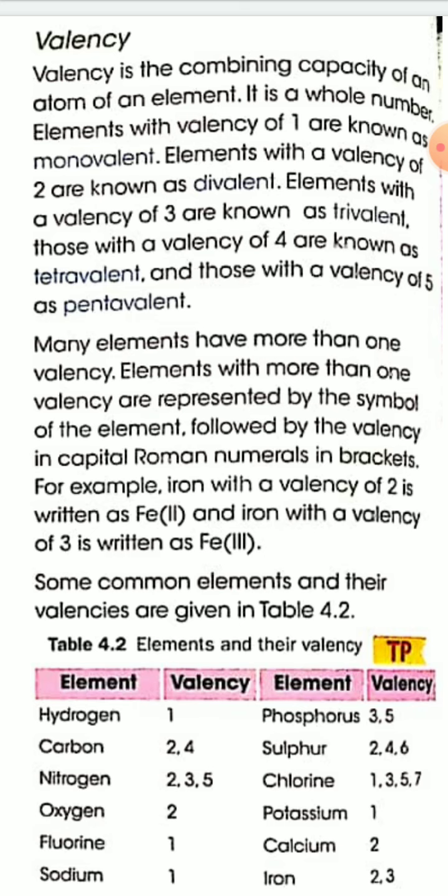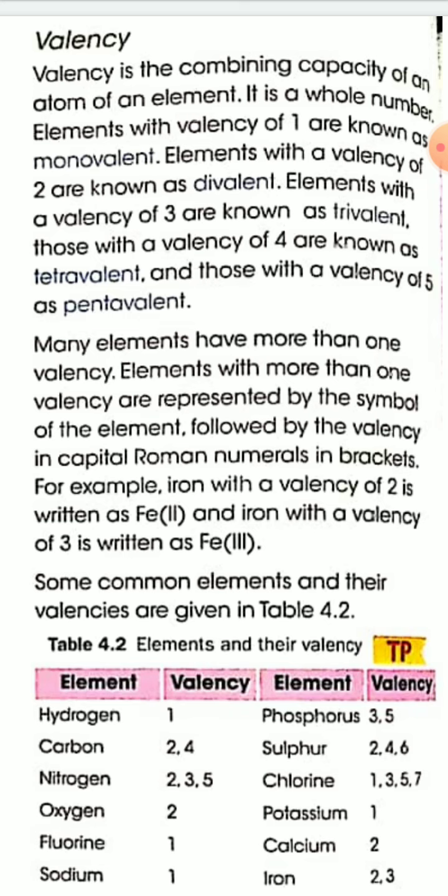So if the valency of an element is 1, the element is known as monovalent. If 2, then divalent. If 3, then trivalent. If 4, tetravalent. If 5, then pentavalent.